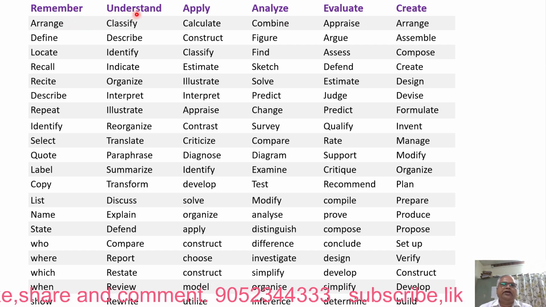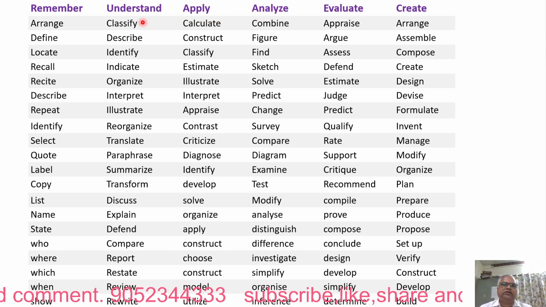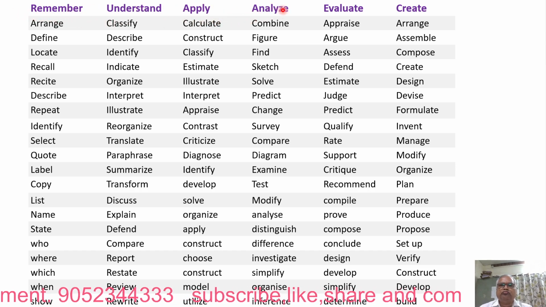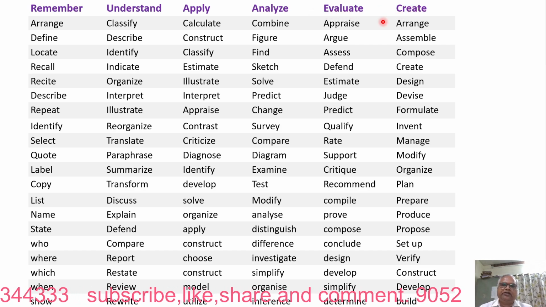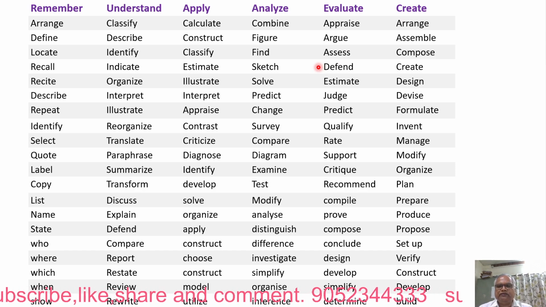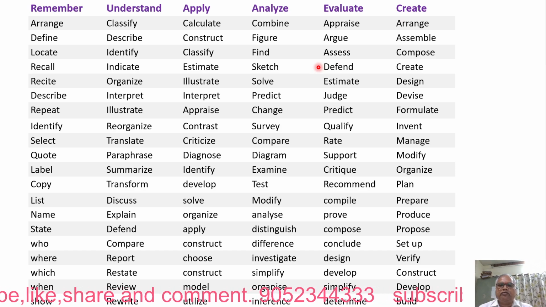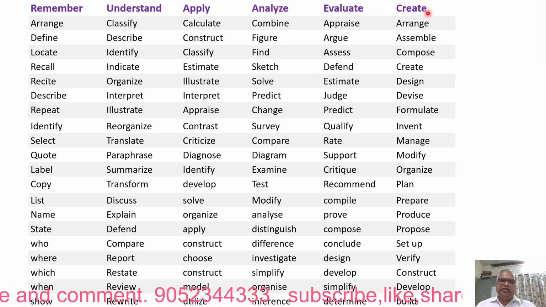So remembering and understanding, applying, up to some extent of analysis, we teach in the classroom. Some extent of analysis and evaluate and create, they develop these skills with the help of implementation of the project or in the form of research if they involve. They reach these levels.